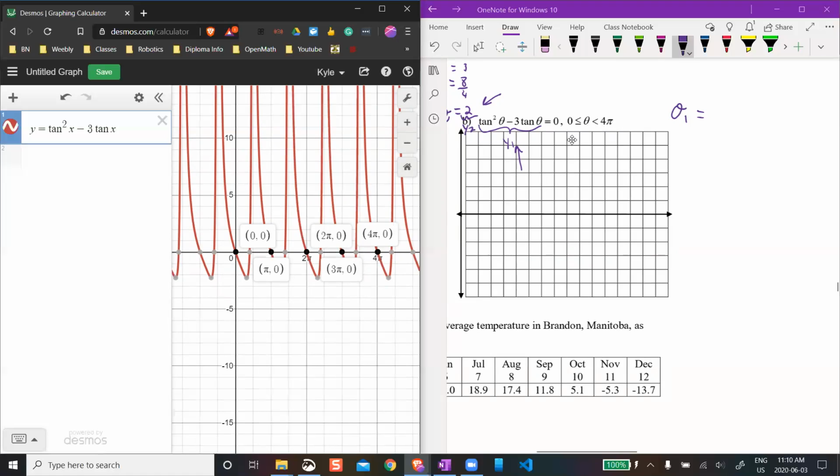And it's between those. It says greater than or equal to 0, and just less than 4 pi. So it doesn't actually include the 4 pi, right? So it'd be really those black dots there that are going to be my answers for that one.